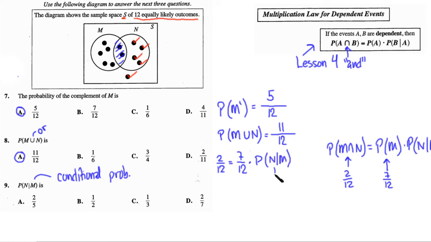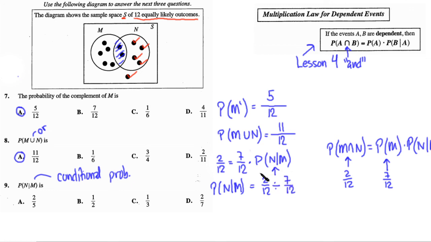We're solving for the probability of N given M, and we do that by dividing both sides by 7 over 12. We're left with the probability of N given M equals 2 over 12 divided by 7 over 12.